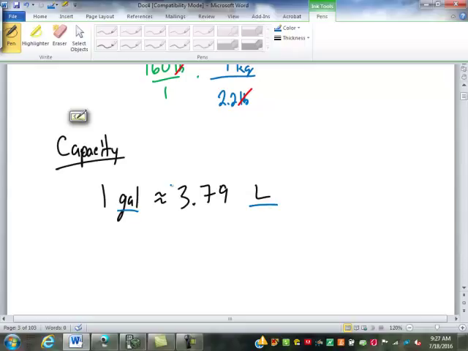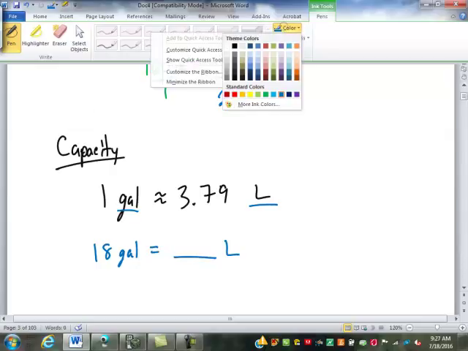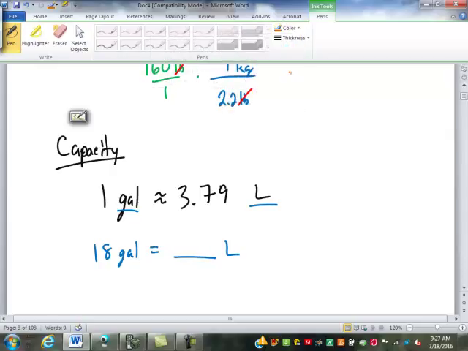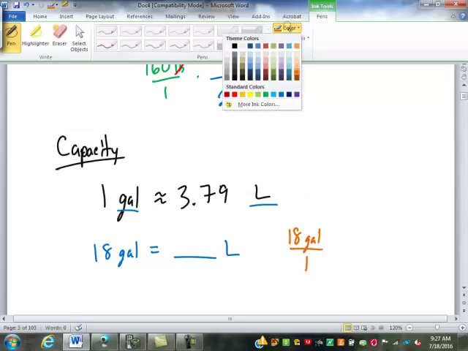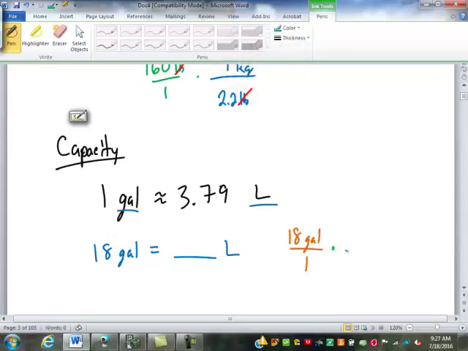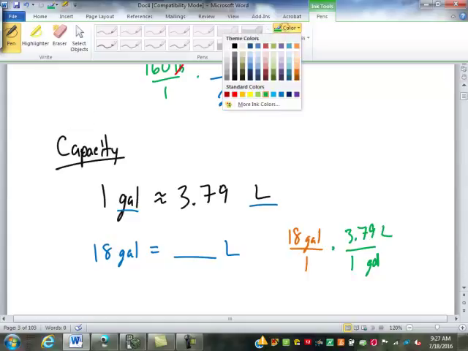Let's say that we have an 18-gallon tank in our car, and we want to know how many liters that would be if we were going to fill up our gas tank in liters. So 18 gallons over 1. Over here we put gallons on bottom, 1 gallon, and 3.79 liters on top.